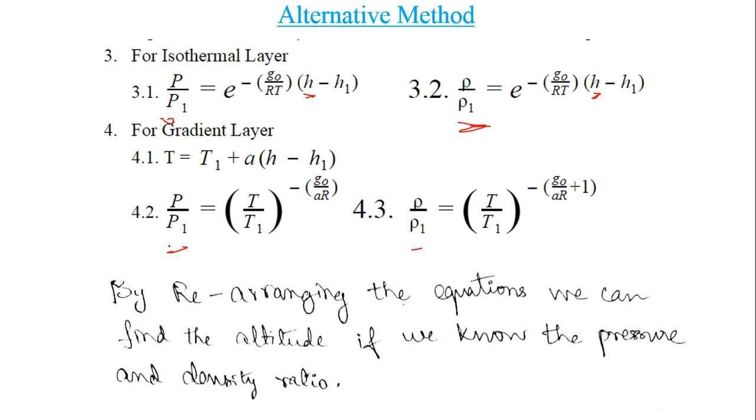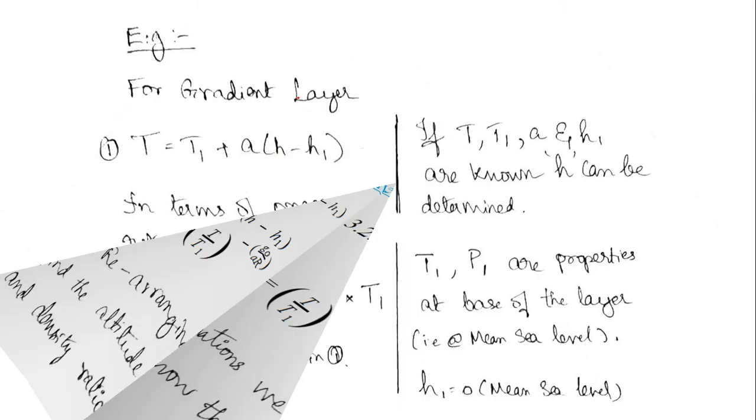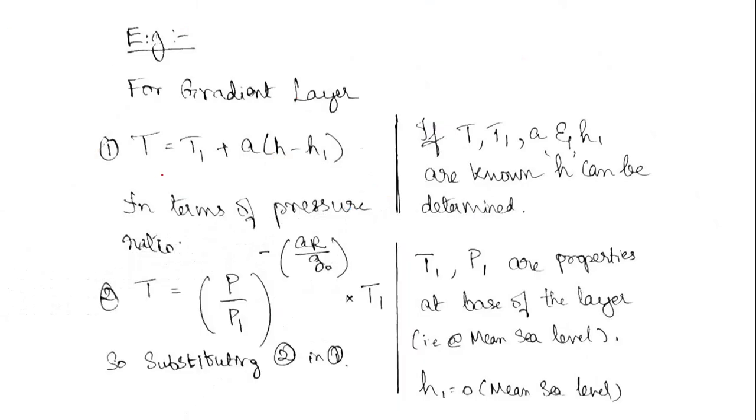In the previous lesson, we were finding out the pressure ratio. So here we already know the pressure ratio, and we will be trying to determine the altitude. So for gradient layer, we know that temperature at some particular point at which we are observing is the summation of the base temperature of that region plus lapse rate times the height difference.